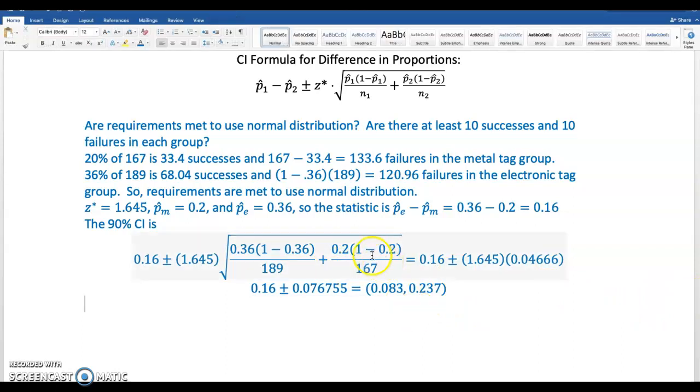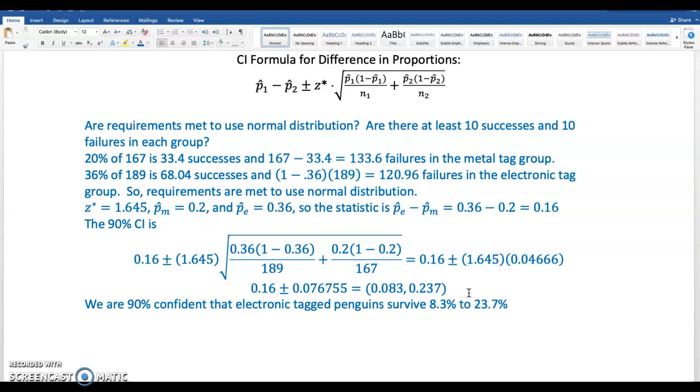So this is constructing the confidence interval using the formula. We would say we are 90% confident that the electronic tagged penguins survive 8.3% to 23% more than the metal tag.